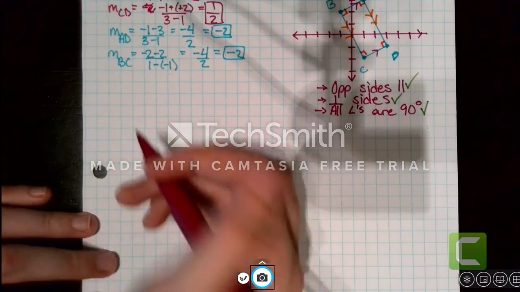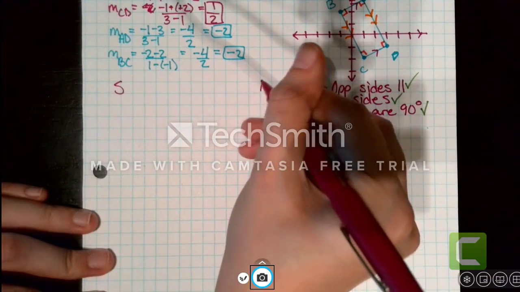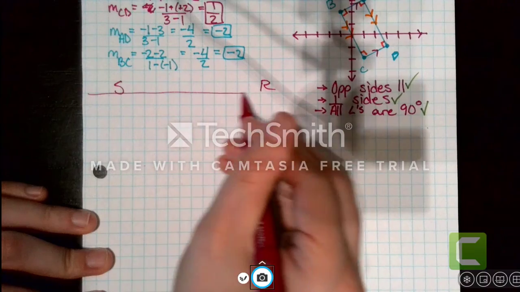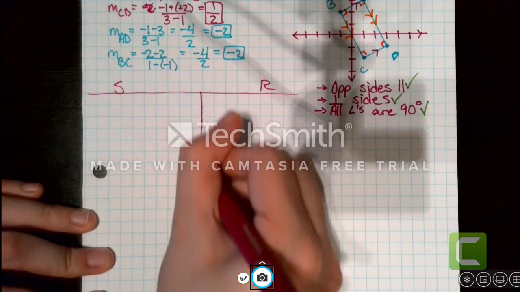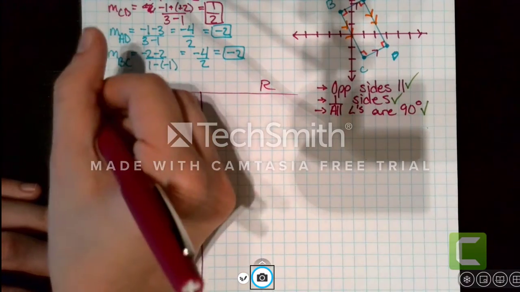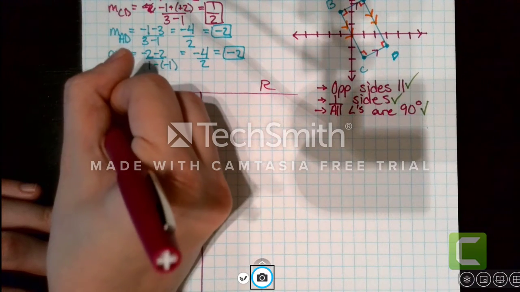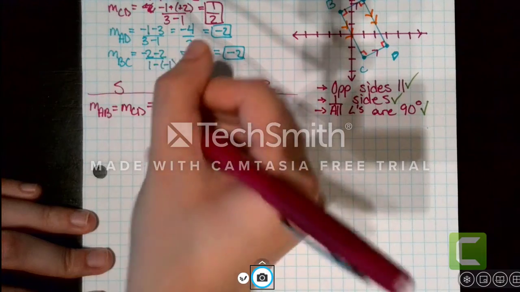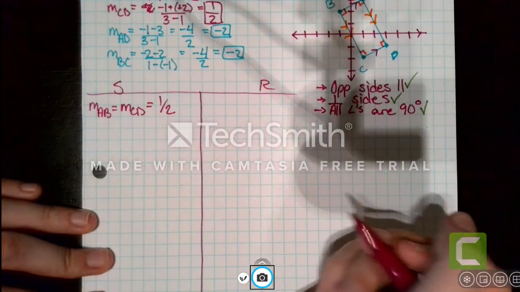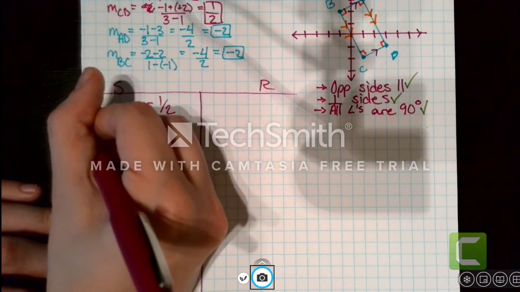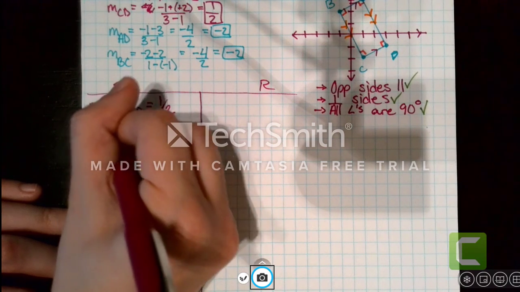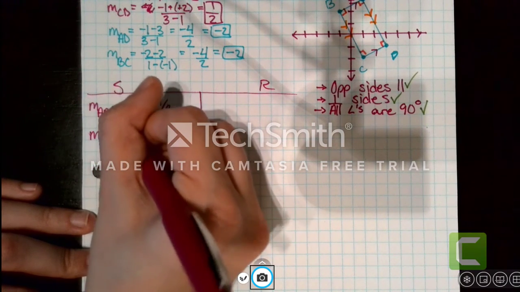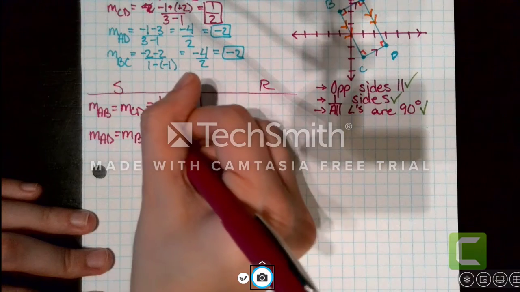Create a statements and reasons chart and start by writing down your slopes. That slope AB is equal to slope CD, which is equal to 1/2. And again, write that the slope of AD is equal to the slope of BC, which is equal to -2.